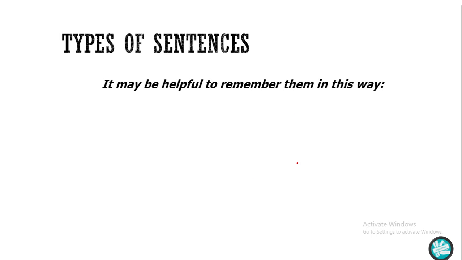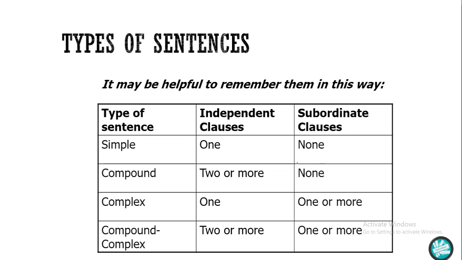So I hope the concept is clear now. Now it may be helpful to remember them in this way. I'm going to give you a chart, and this chart will basically help you remember the types of sentences according to the structure. In a simple sentence, we have one independent clause and there is no subordinate clause.